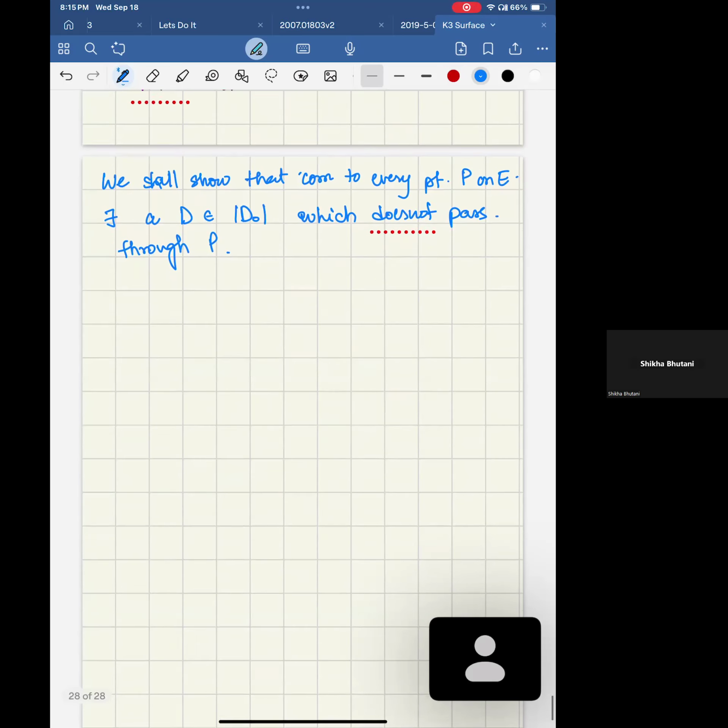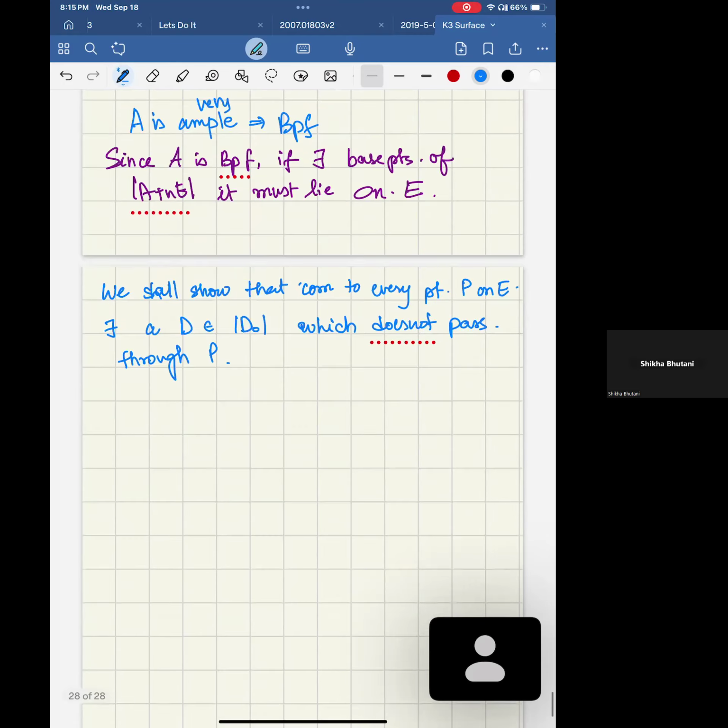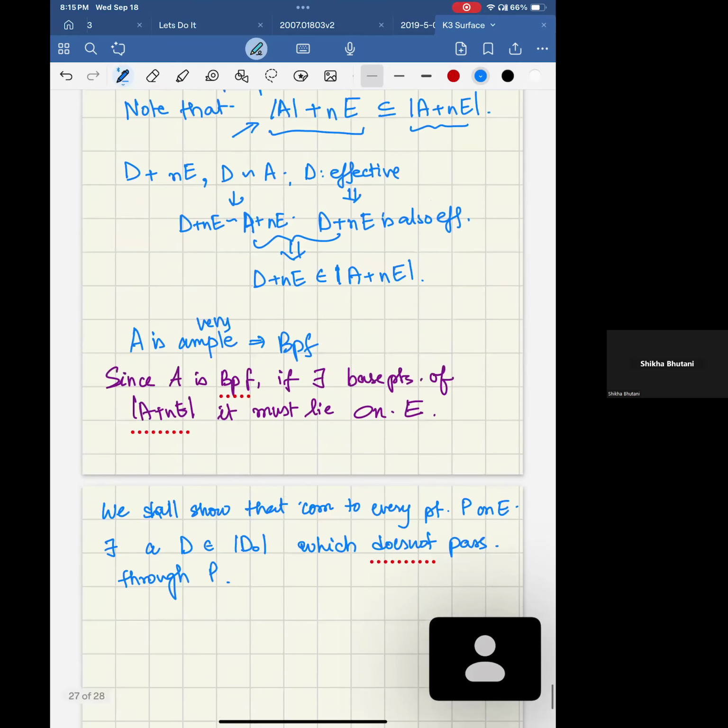So over here we shall use the claim. Well, did I write this is step 2? This is actually step 1.